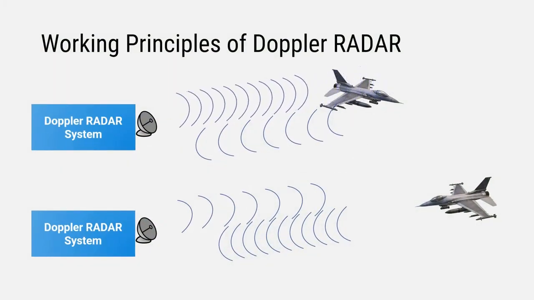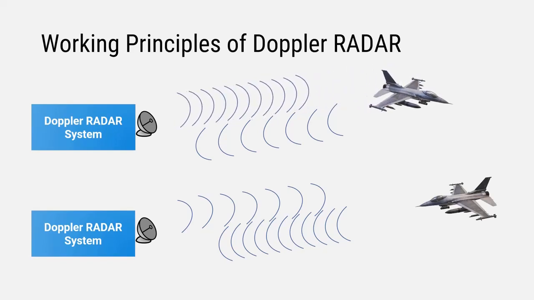To explain the working principles, I'll take two cases here. The first case is where the target is moving away from the radar system, and the second case is when the target is moving towards the radar system. In the first case, suppose you are generating a frequency f0 and the target is moving away.